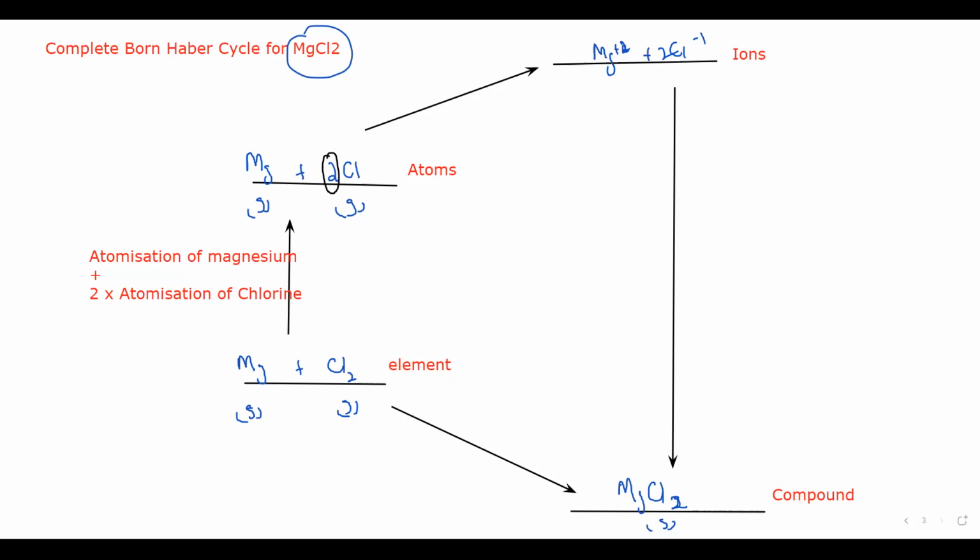Then we are producing magnesium 2+ ion, and two chloride ions with charge minus 1.